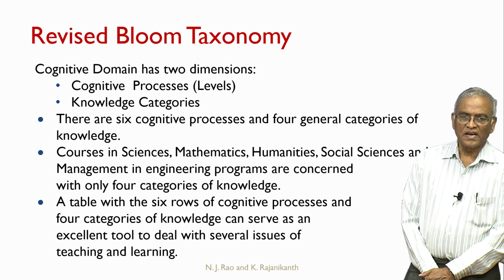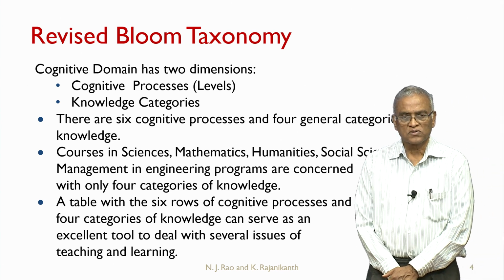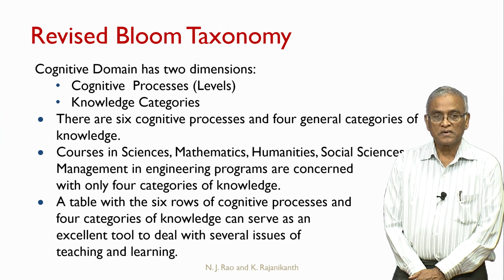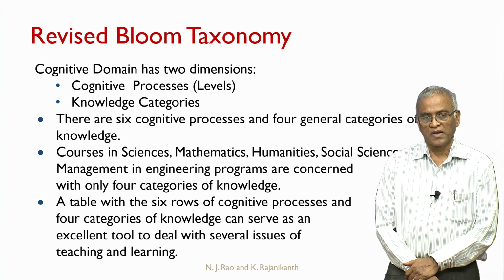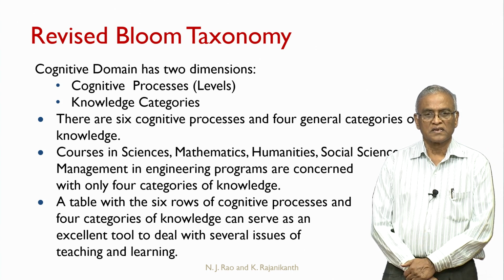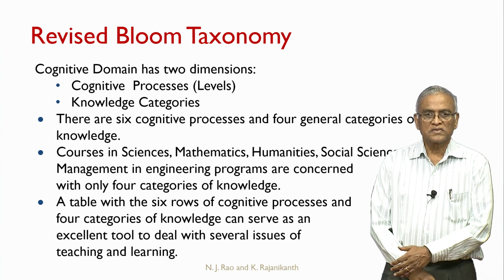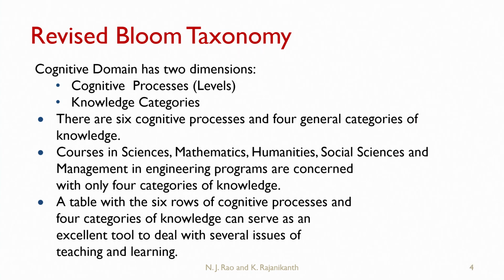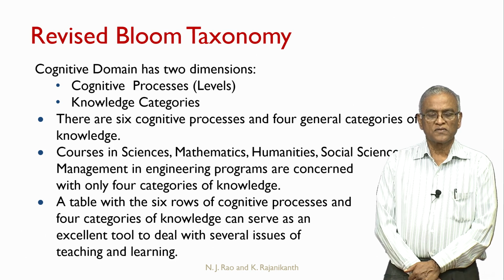And courses in sciences, mathematics, humanities, social sciences, management, in engineering programs, because engineering programs have all these categories, they are only concerned with the 4 categories of knowledge. So, one can create under revised Bloom taxonomy a table with 6 rows of cognitive processes and 4 categories of knowledge that can serve as an excellent tool to deal with several issues of teaching and learning.